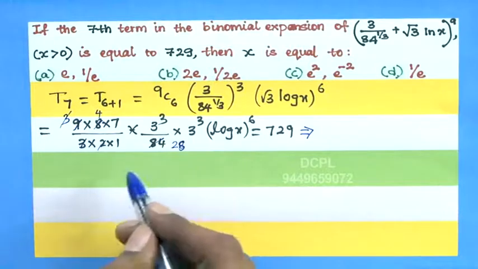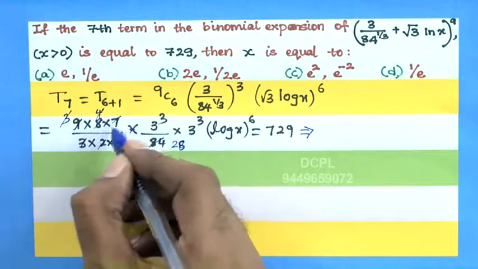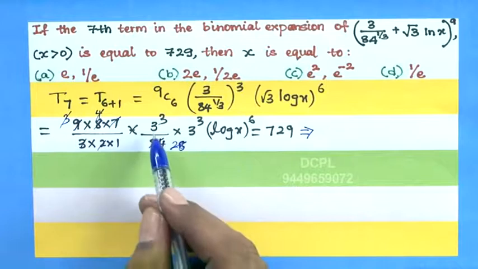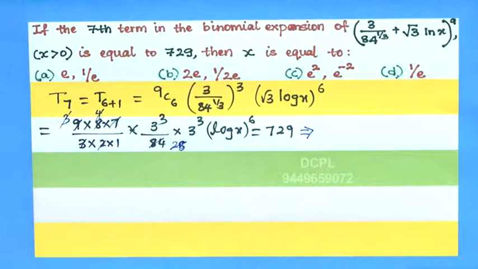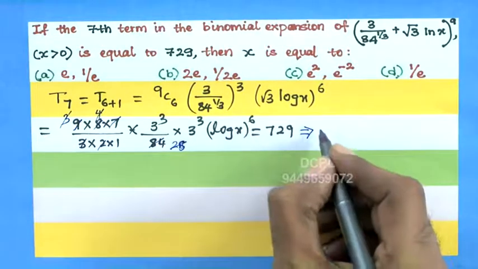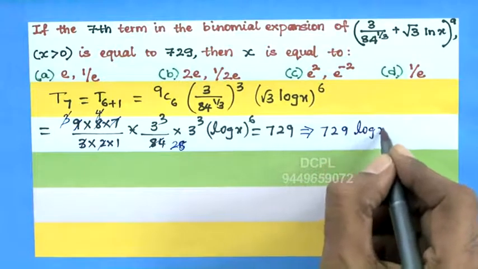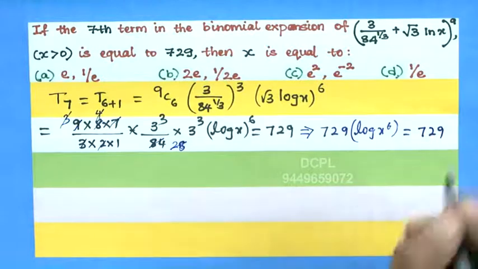What is left out? 4 into 7, 7 4s are 28. So 3 power 3 into 3 power 3 is 3 power 6. 3 power 6 is 729. This implies 729 (log x) power 6 is equal to 729.